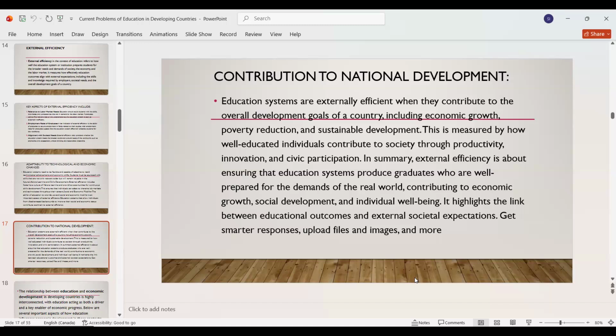So this is measured, right, by how well educated individuals contribute to the society through productivity, innovation, and civic participation, right? So civic participation means how we are searching for a good person to vote for, how much we know them, right?